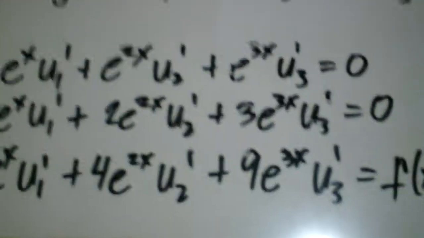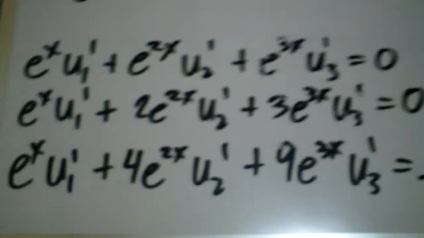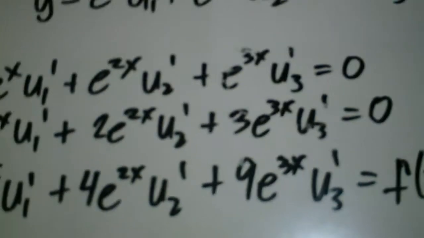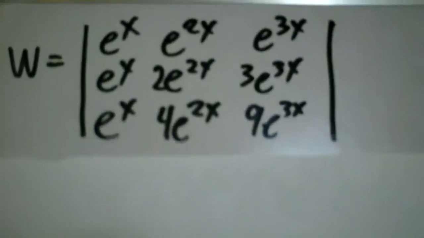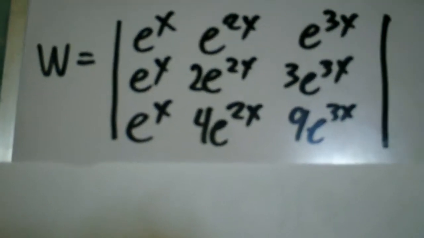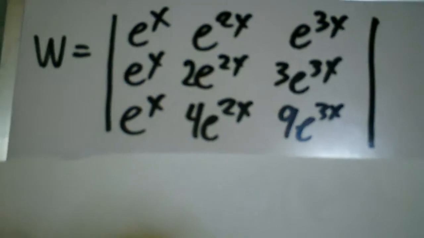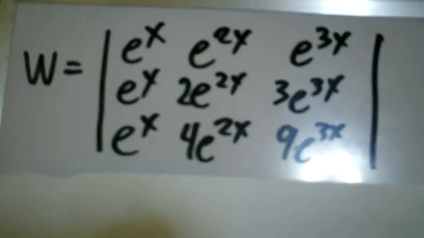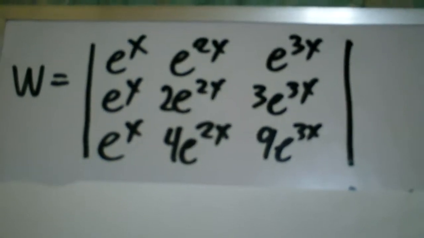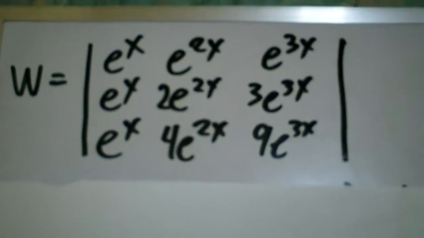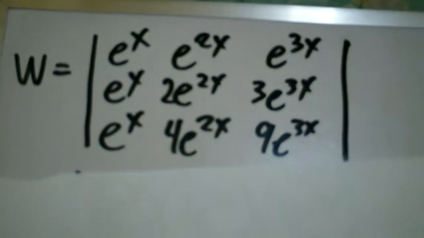So now we will find the particular integral using Cramer's rule. From the three equations earlier, we will get this W equal to this determinant. I will explain how to get it using Cramer's rule.